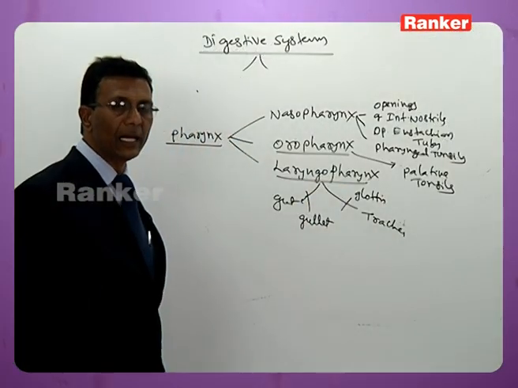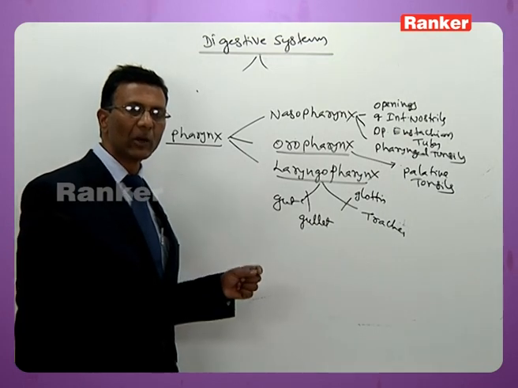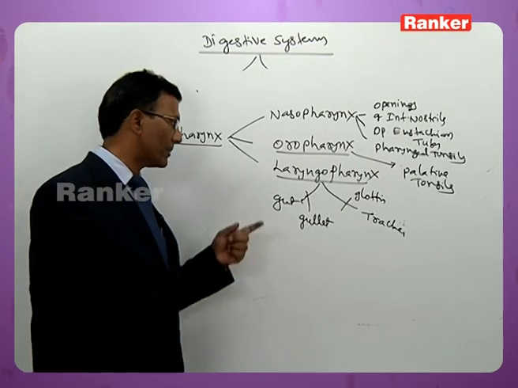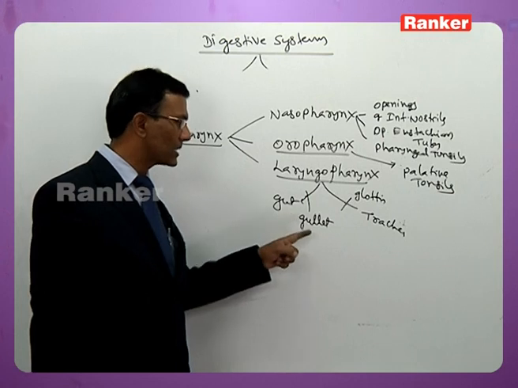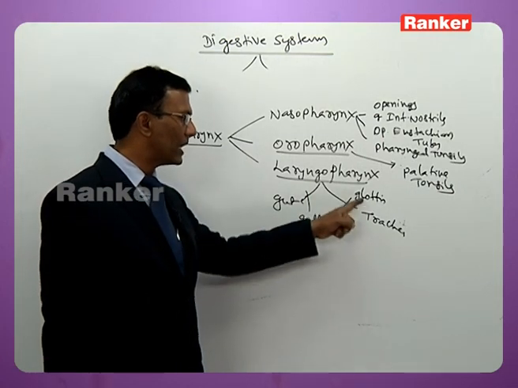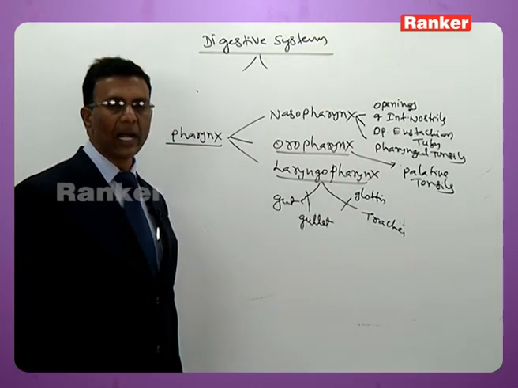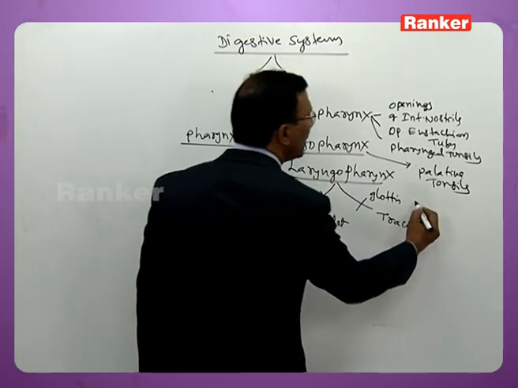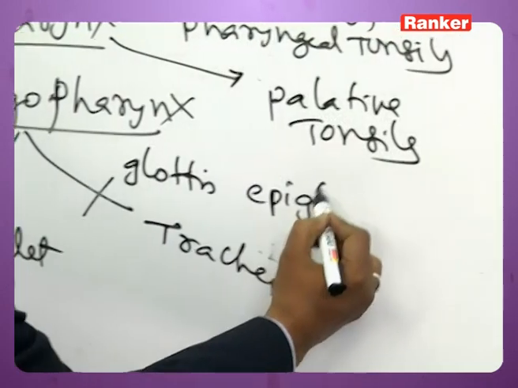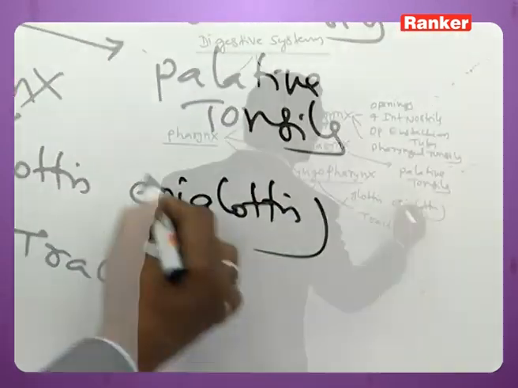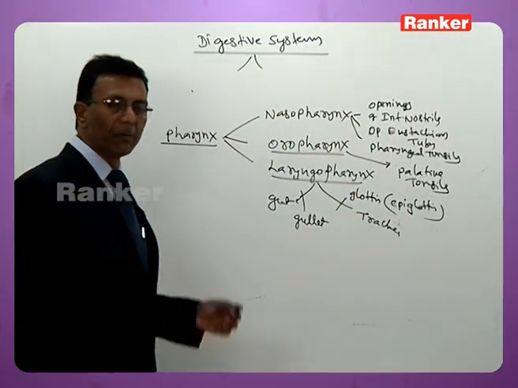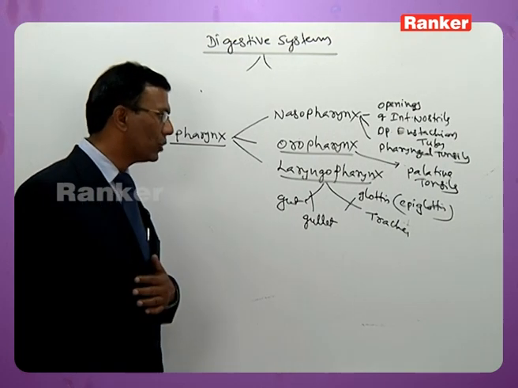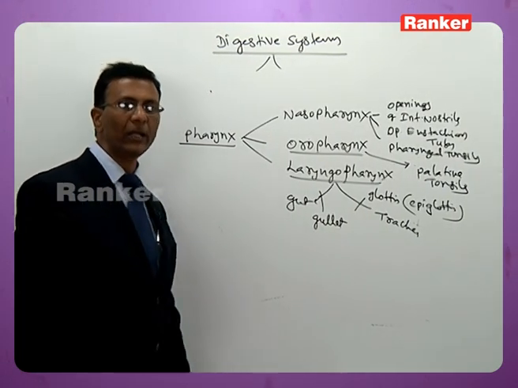I shall repeat once again. It has a common passage for both the respiratory system and the digestive system. It opens into the esophagus through the gullet, and into the trachea through the glottis. The glottis is guarded by a cartilaginous flap called epiglottis. Epiglottis prevents entry of food into the trachea while swallowing food.